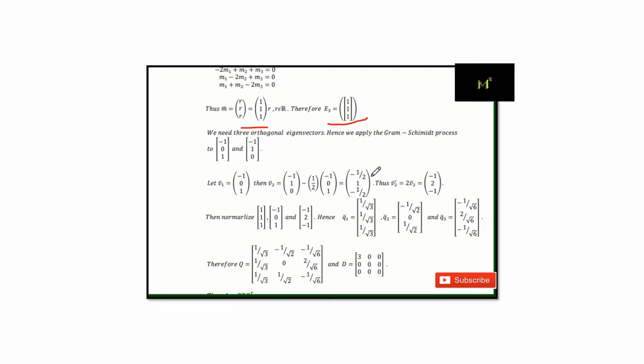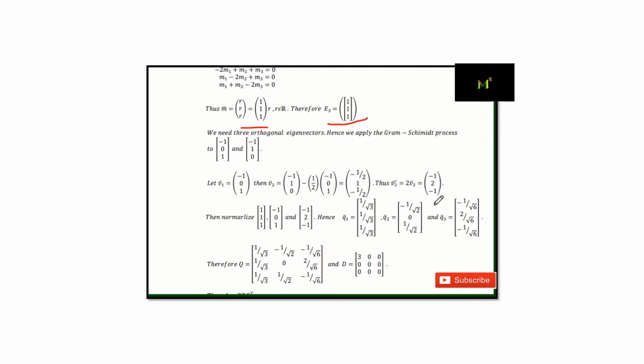This becomes our v2, but we want to avoid working with fractions, so we find v2 prime by multiplying v2 by 2. So v2 prime becomes 2 times v2, which is minus 1, 2, and 1.